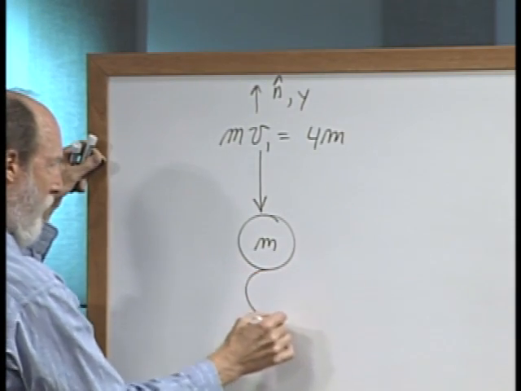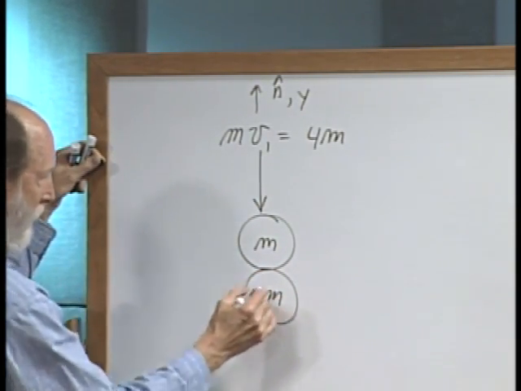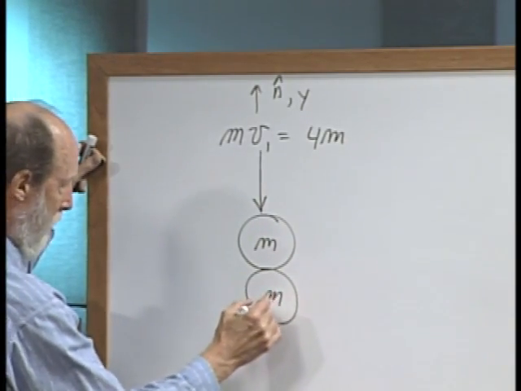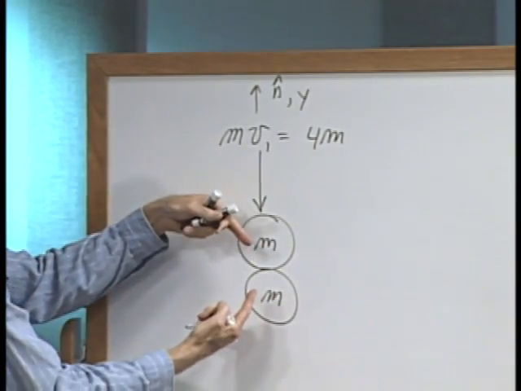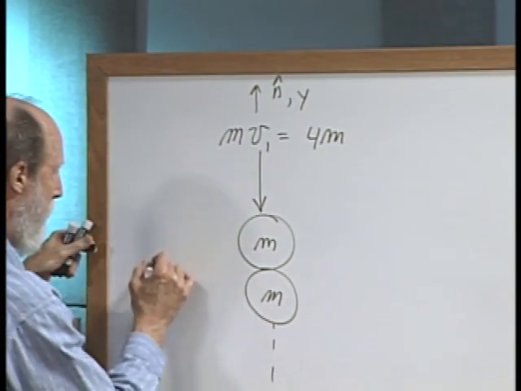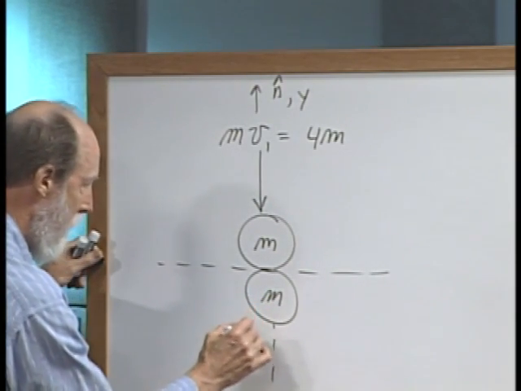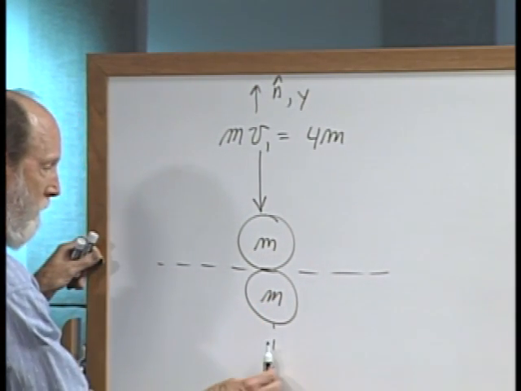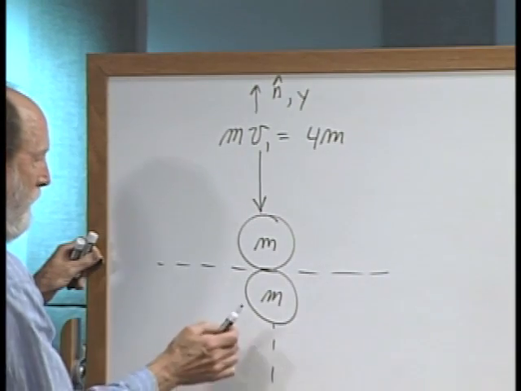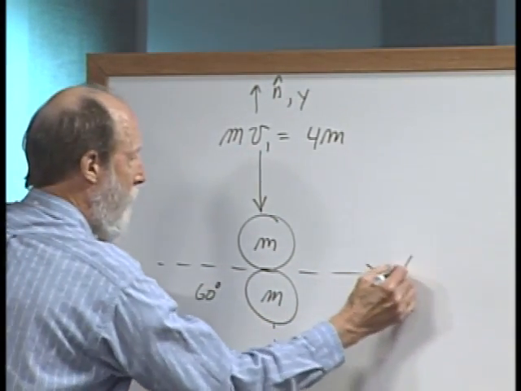The other mass, identical, is coming in, and remember these are actually points treated as particles, and they're coming in at what angle? From the vertical right there. From the normal? Yeah, going that way. Okay, so it's actually 60 degrees off of this tangent axis.